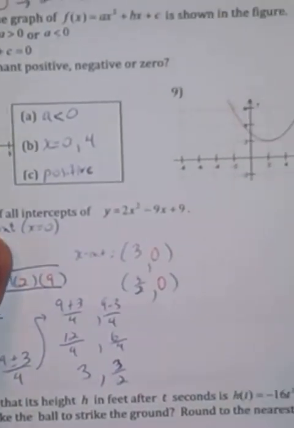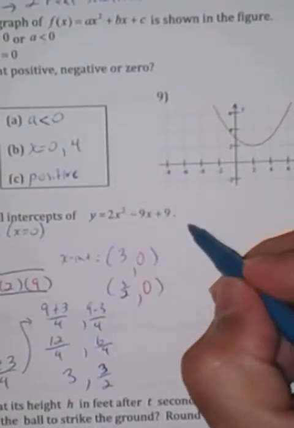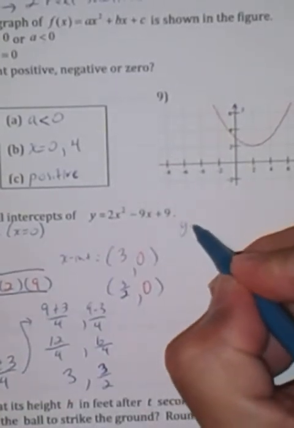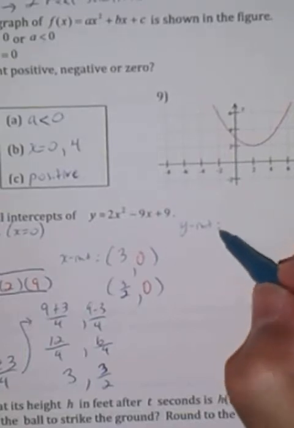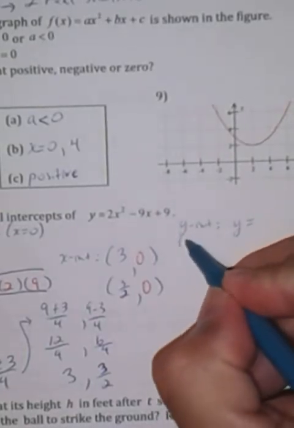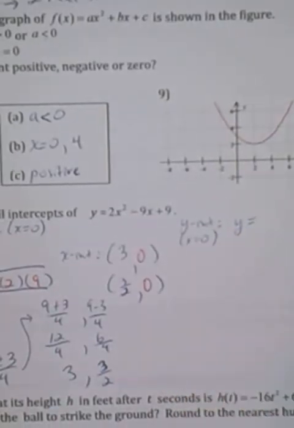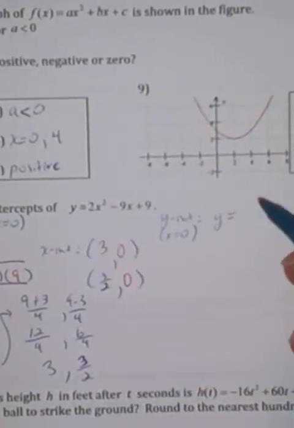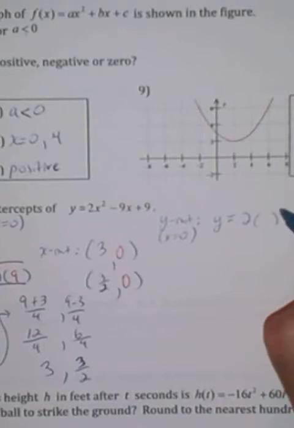Then I said for the y-intercept, x equals 0. So my x equals 0, and my equation becomes y equals 2 times 0 squared minus 9 times 0 plus 9.